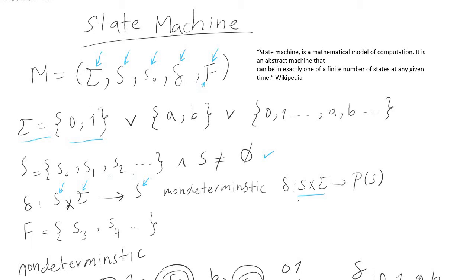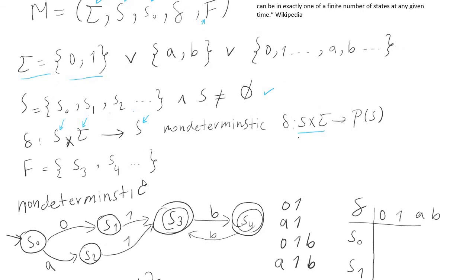And finally, the final state set is the set of states that the system considers as done or finished. So we have reached our destination when we reach these states.